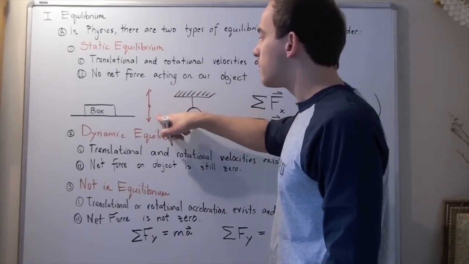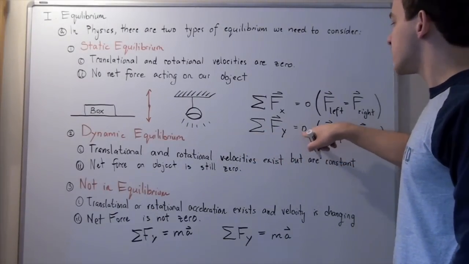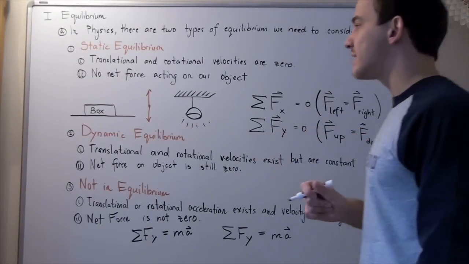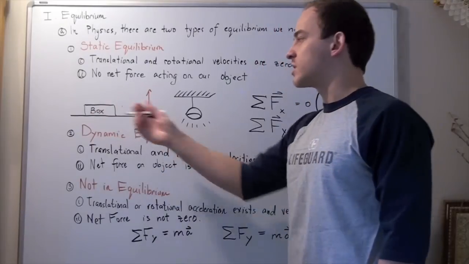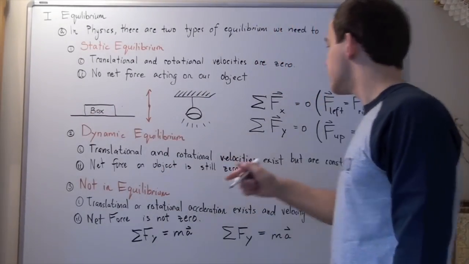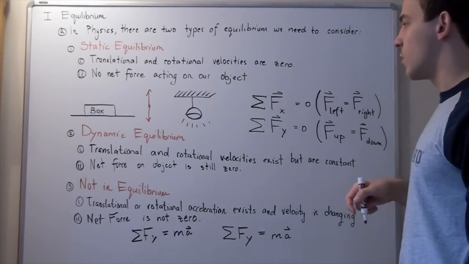So when I sum up the forces along the y-axis, the forces are zero. Likewise, if I sum up the forces along the x-axis, well, there are no forces along the x-axis, so the net force along the x-axis is also zero.